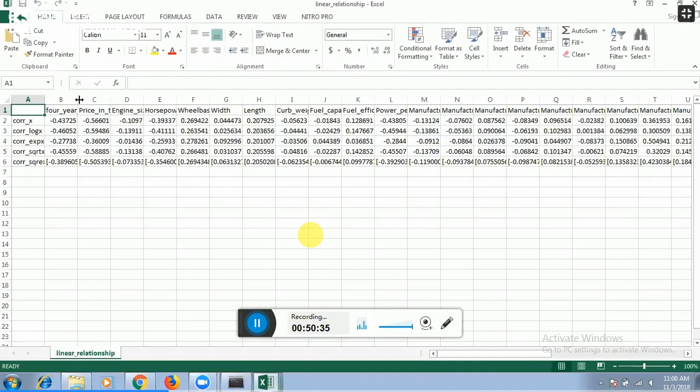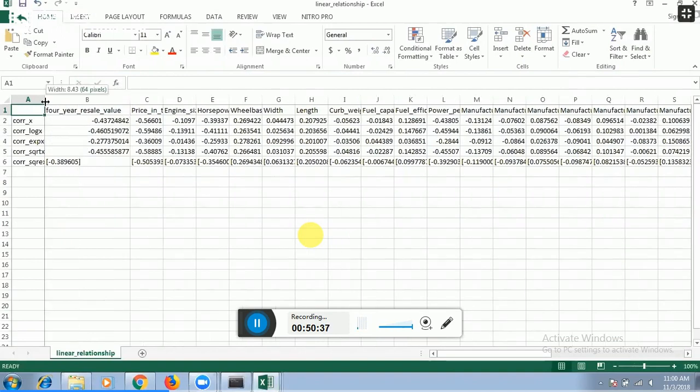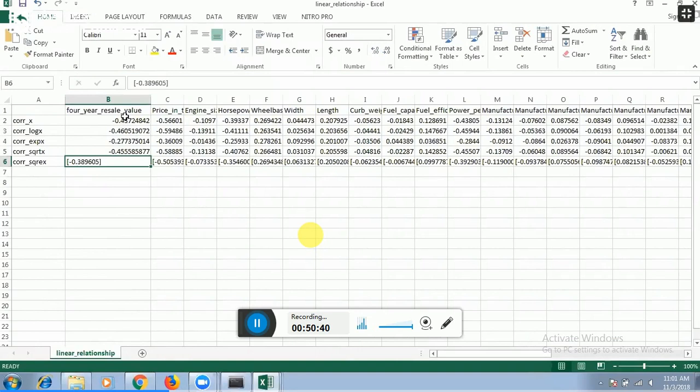So now you got this one. Of course, I think probably I did not add the square root part, but you got the values of this one.